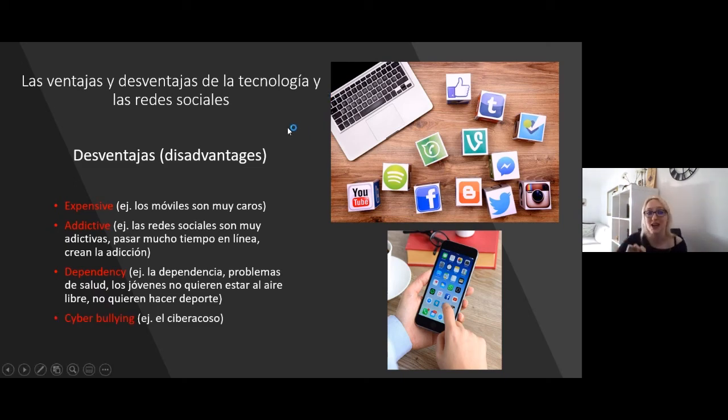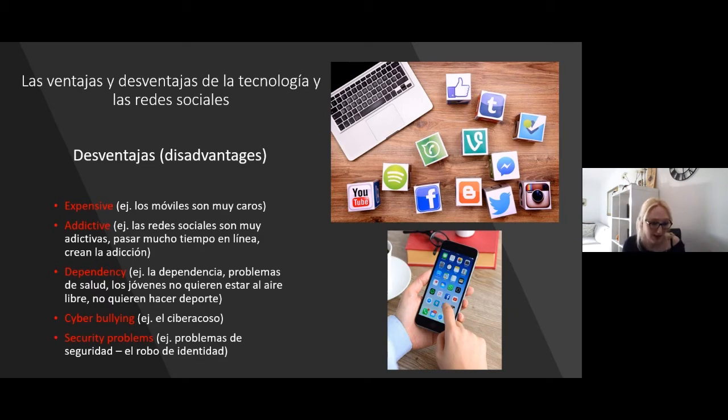They might refer to cyberbullying, and the word for cyberbullying in Spanish is el ciberacoso. Cyber acoso. Okay, ciberacoso. You hear that? It means cyberbullying. And something else they might refer to, giving their opinion why they don't like technology, they might talk about problemas de seguridad, so problems of security.